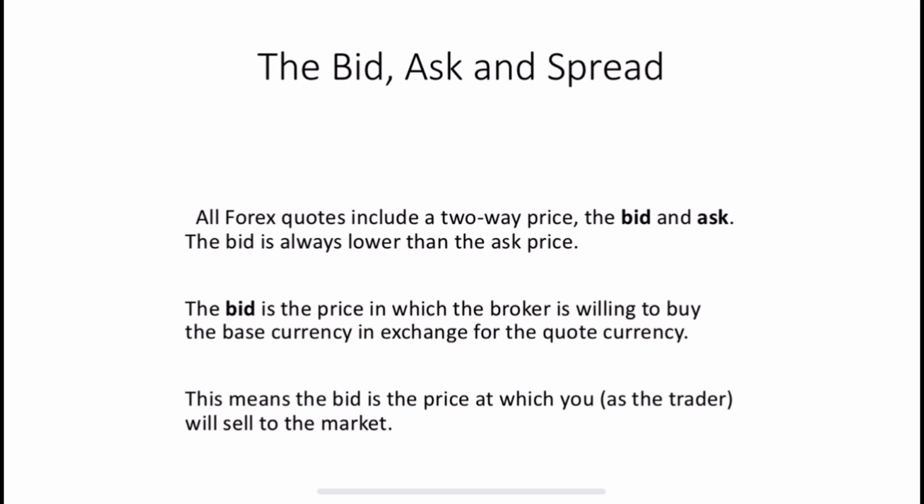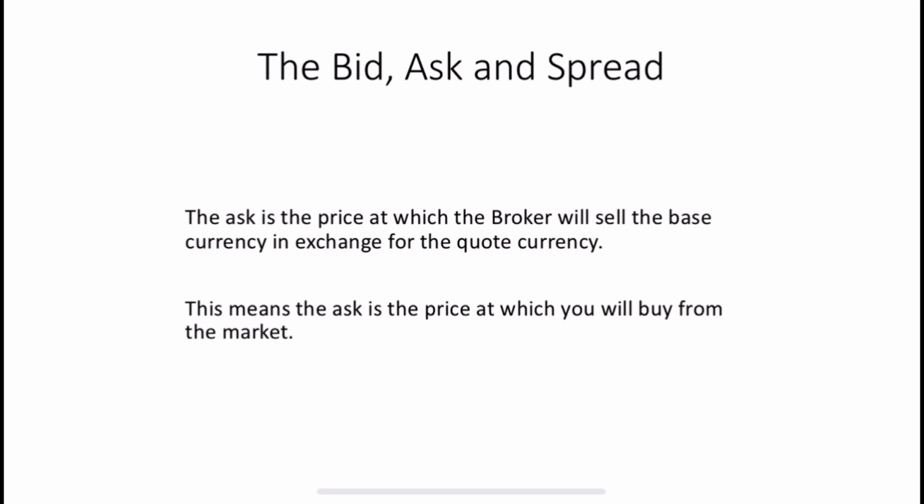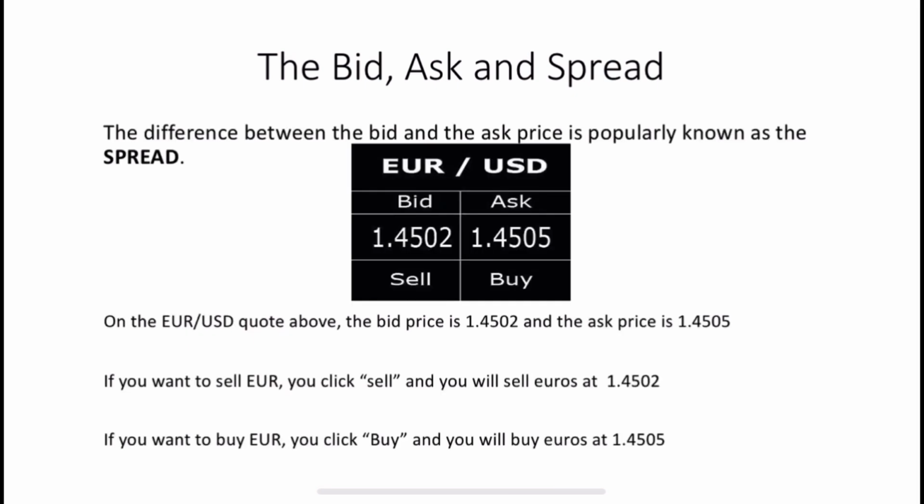This means the bid is the price at which you, as the trader, will sell to the market. The ask is the price at which the broker will sell the base currency in exchange for the quote currency. So the ask is the price at which you will buy from the market.